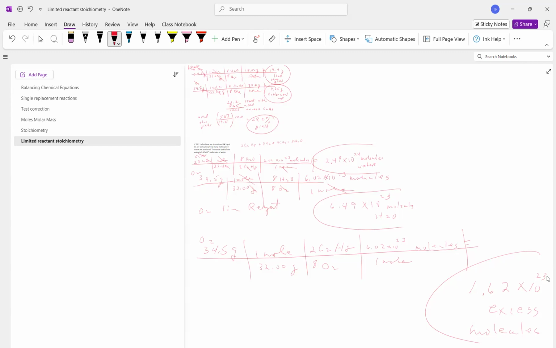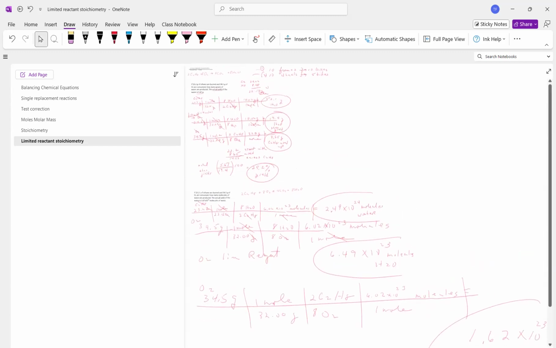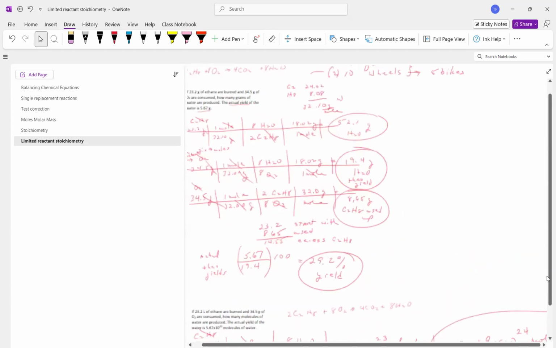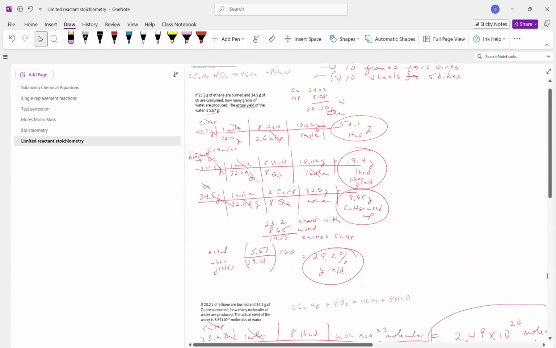Let's go back to the first problem with grams. So first two steps determined that oxygen limits the reactant, right? 19 versus 52. So the third step is to determine how much of the other stuff, in this case the ethane, did we use up?